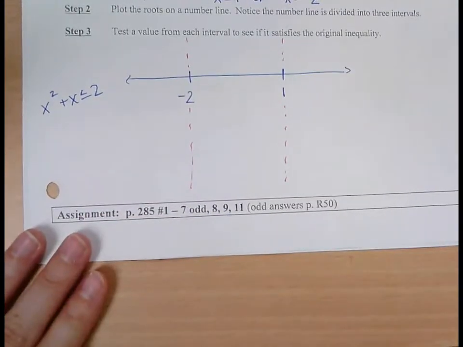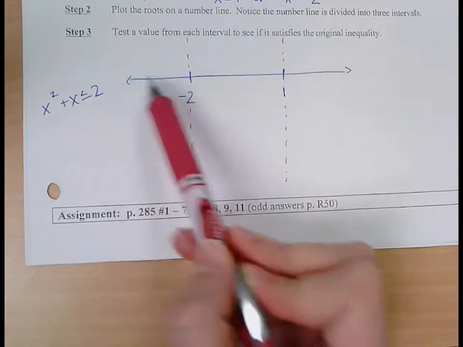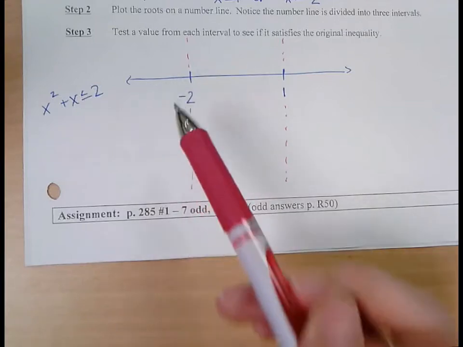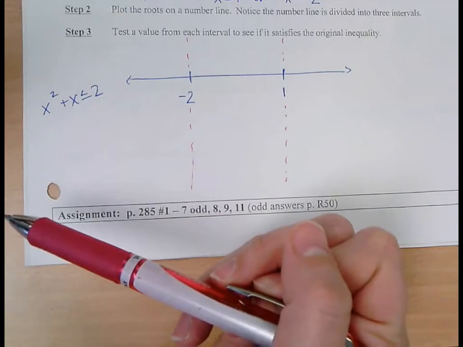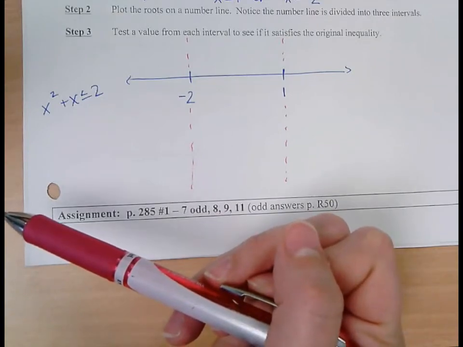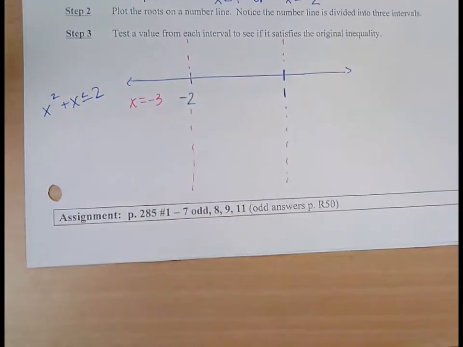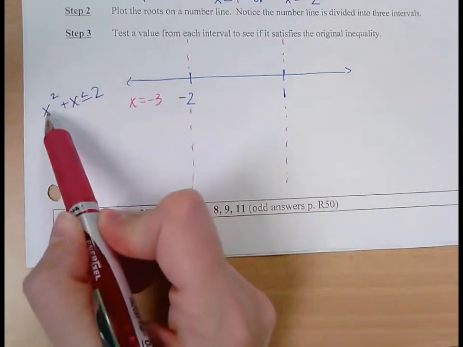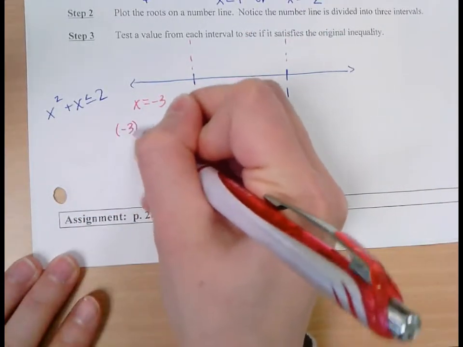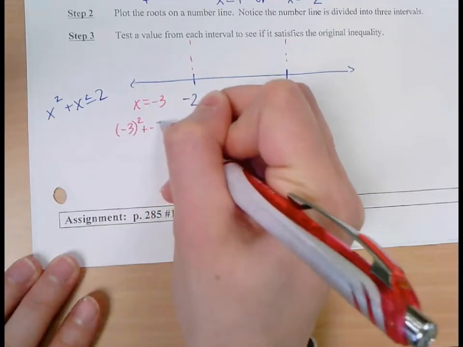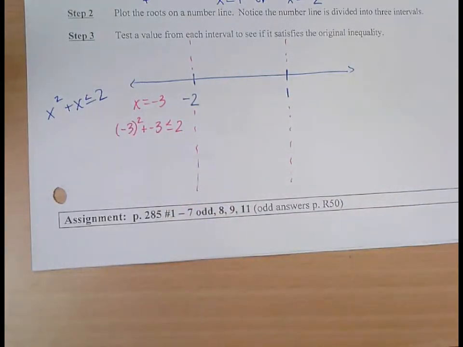So when you test a value, for example, if we're going to be to the left of -2, pick any x value that's smaller than -2. So somebody pick a value. -3. It can be any number as long as it's less than -2. Plug that in to your original inequality. So I would have -3 squared plus -3, and I want to know, is that less than or equal to 2?